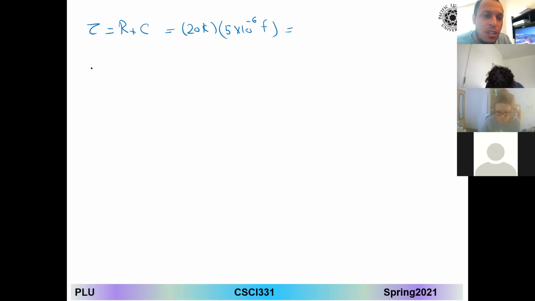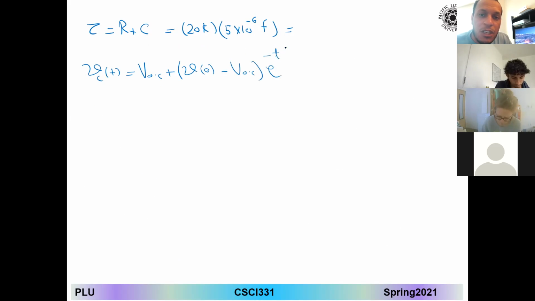Calculate it for me. Then we can find our V capacitor of t, which formula again: V open circuit plus V initial conditions minus V open circuit, times exponential of minus t over tau. We have everything that we need: V open circuit, initial conditions, and tau.